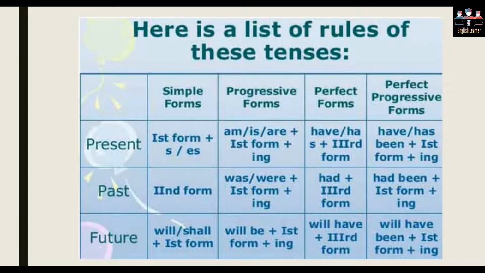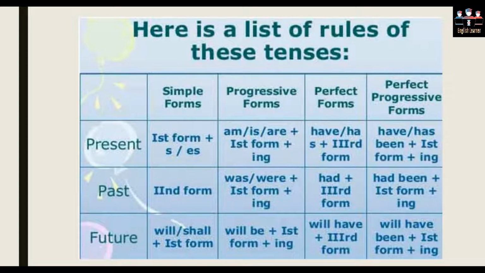In this tense, we are going to have the first form of a verb due to the progressive part. We are going to add ing with the first form. As the perfect part is also here, we are going to add been. Has and have are the helping verbs here: we are going to use has been and have been.